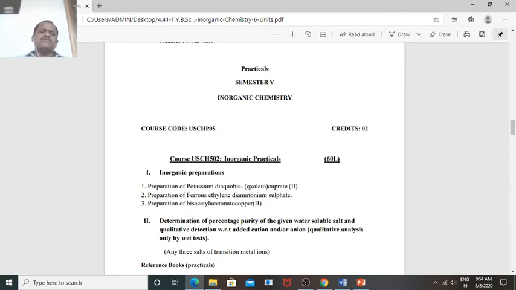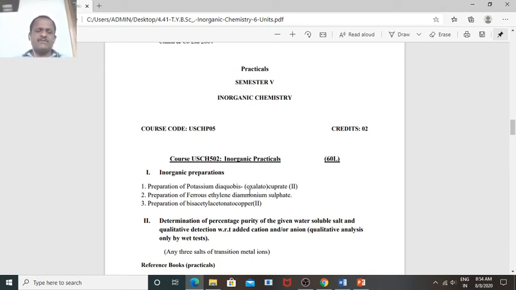In the practical course of inorganic chemistry, we divide the course into 2 parts. One is inorganic preparation, and the second is determination of percentage purity with the help of qualitative analysis by wet test only.